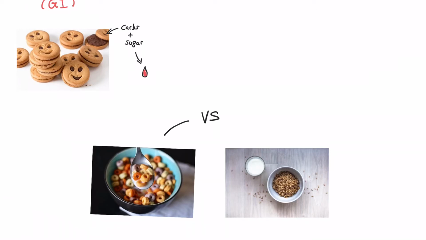Most people can figure out that cereal, Cocoa Pops, a high sugar cereal, contains a high GI, while foods that are not as sugary, naturally speaking, like a bowl of porridge, have a lower glycemic index.